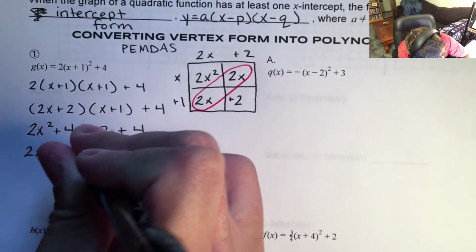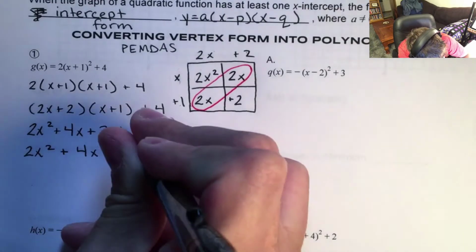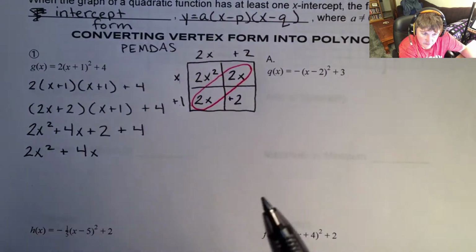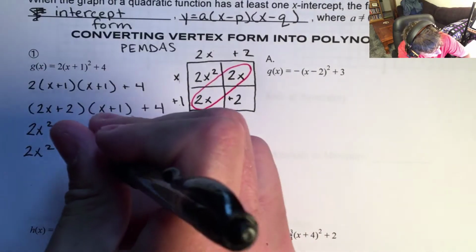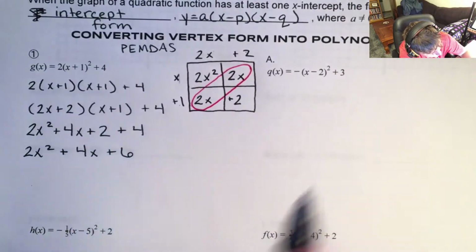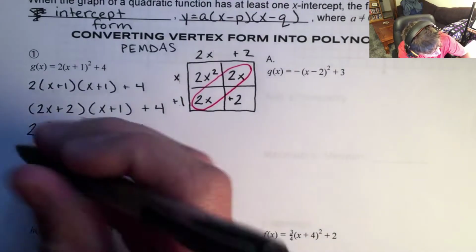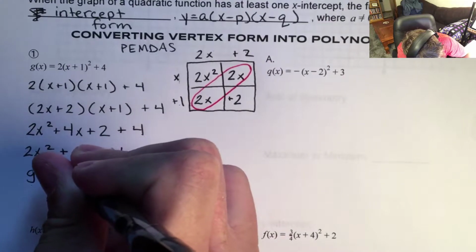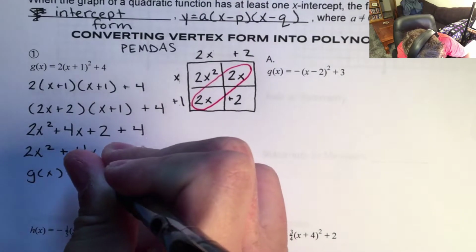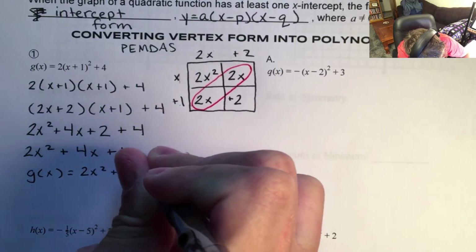Okay, and then we have a 2 and a 4, though. Those are like terms. There's no variables with them. So they're like terms, meaning that I can add them to get 6. Okay, so if I wanted to rewrite g of x, it would be this: g of x is equal to 2x squared plus 4x plus 6.